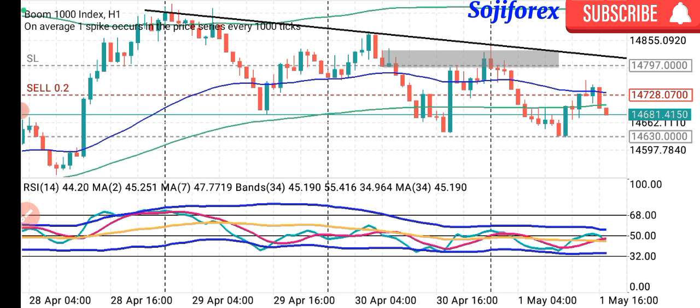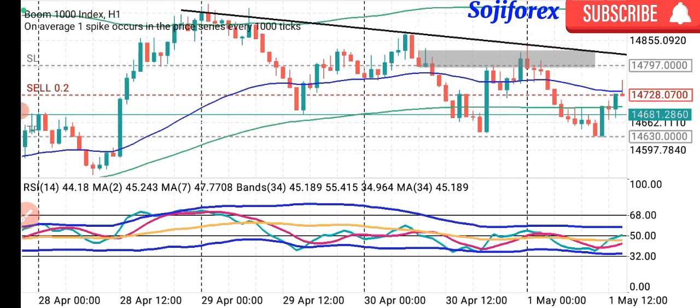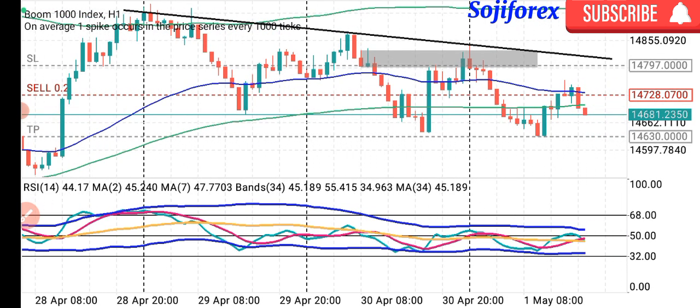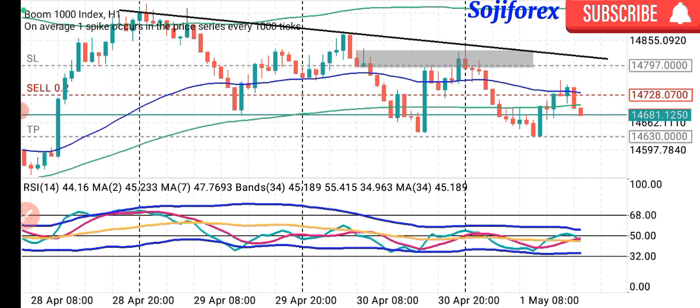Step number one, identify the general movement of the market, which means know your trend. If you are familiar with this channel, you realize that we've never started any trade or any class without identifying the dominant trend of the market.